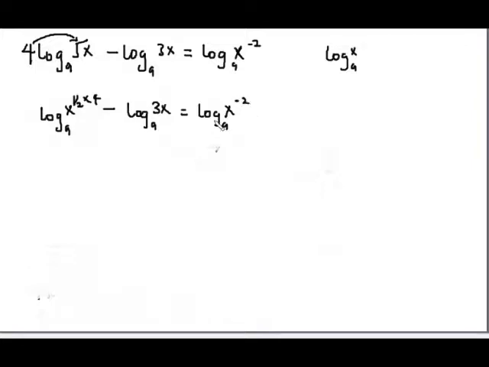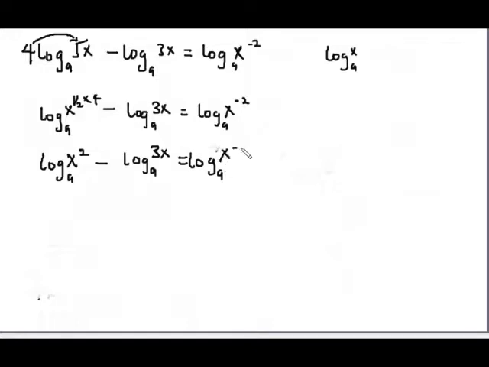So to simplify further, we have log of a, half times 4 is 2, so that's x to the power of 2 minus logarithm a 3x equals logarithm a x minus 2.